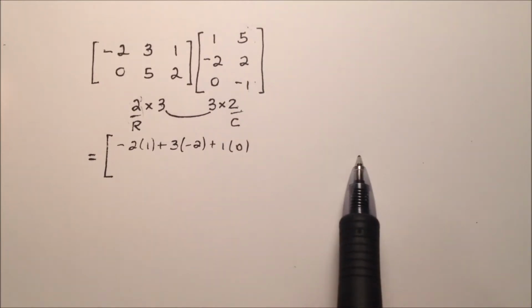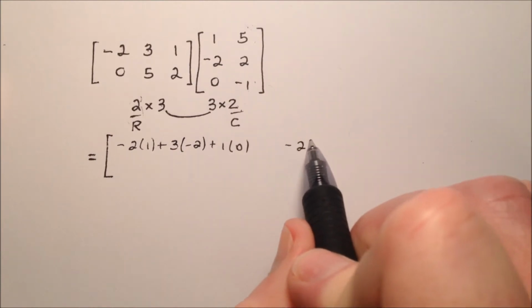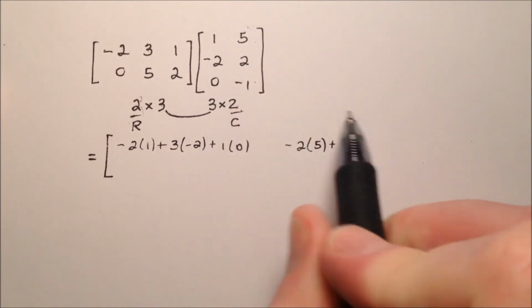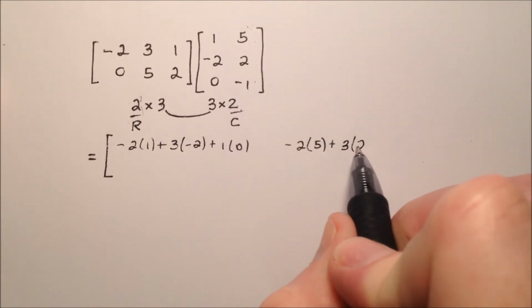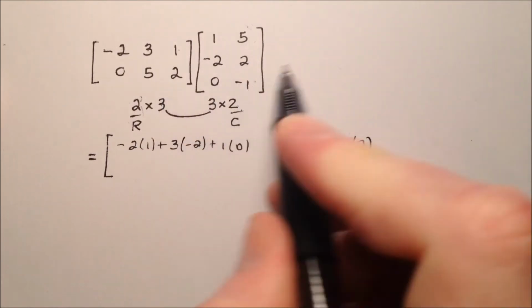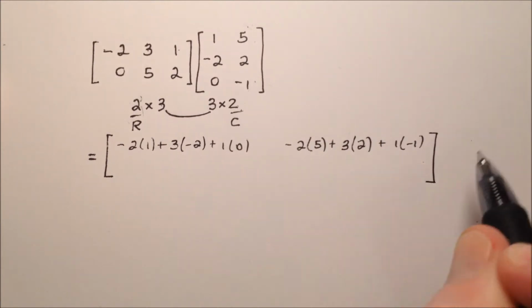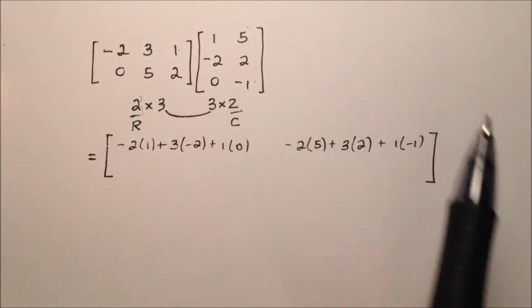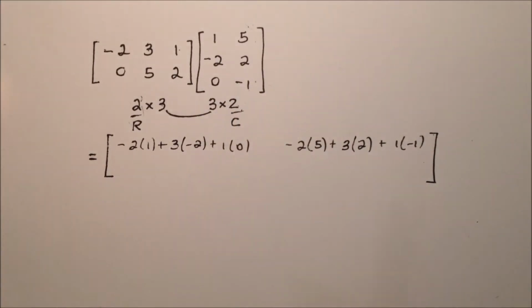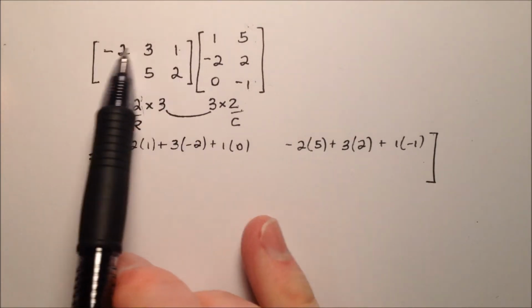So negative 2 times 5, we're going to add to that 3 times 2, we're going to add to that 1 times negative 1. I can go ahead and close that because I know I'm only doing 2 columns because the second matrix only has 2 columns. Okay, so I've gone across the first row, so I'm done with this row.